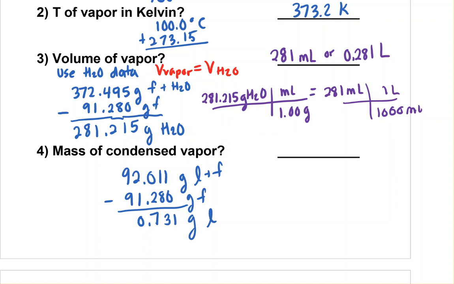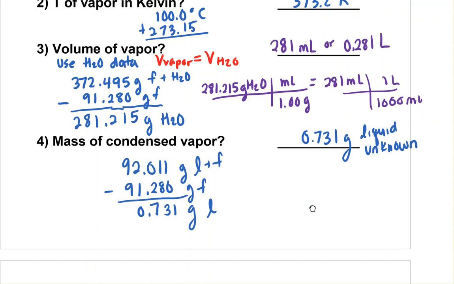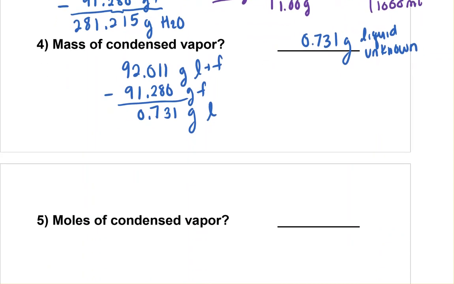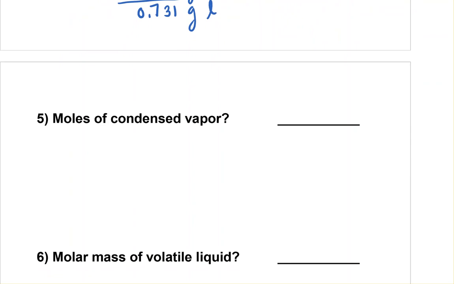Okay, and this mass should be about half a gram to 1.5 grams, something like that. Okay, next. Moles of condensed vapor.